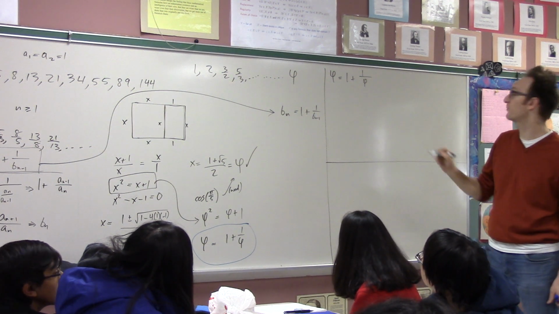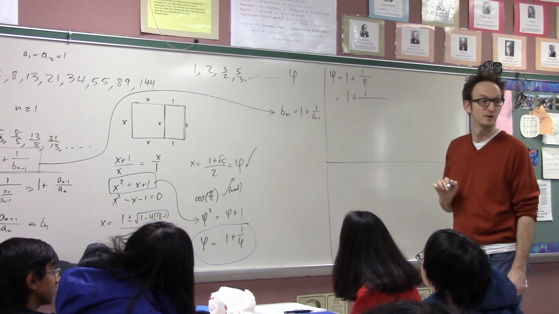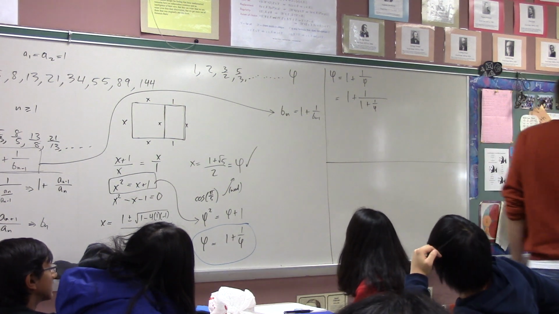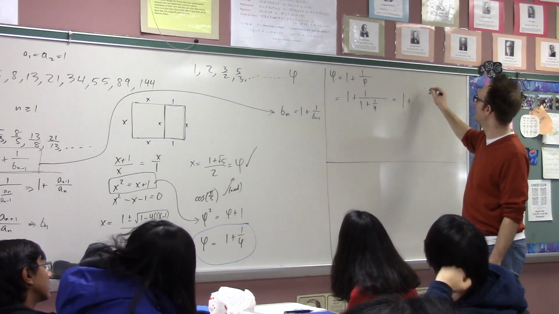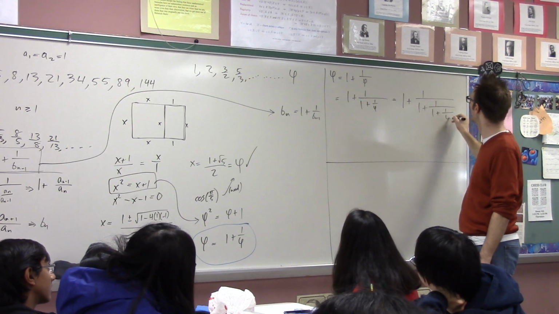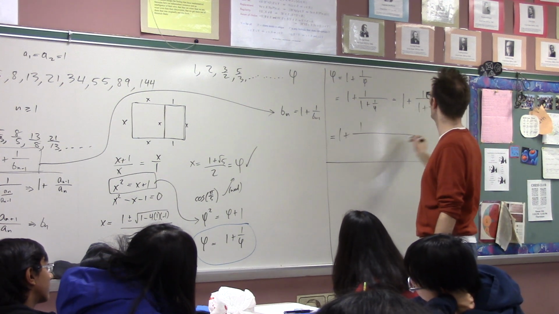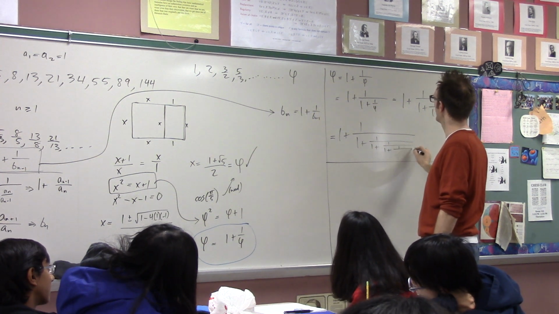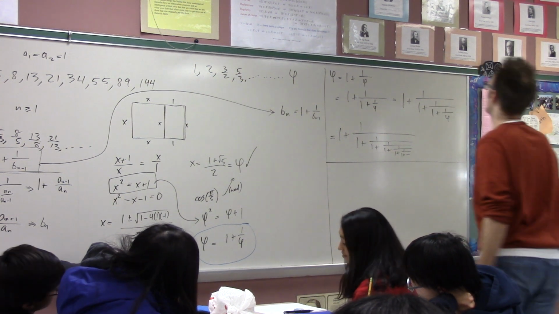So phi could also be written as 1 plus 1 over 1 plus 1 over phi. And that could also be written as 1 plus 1 over 1 plus 1 over 1 plus 1 over phi, and so on. All of this is phi.